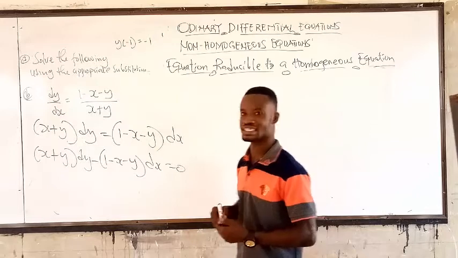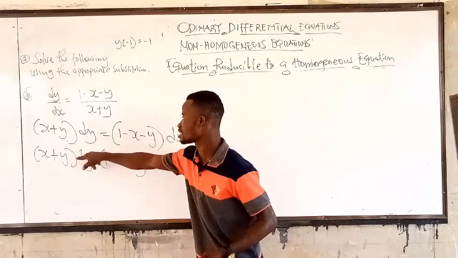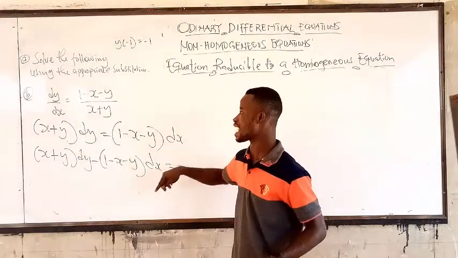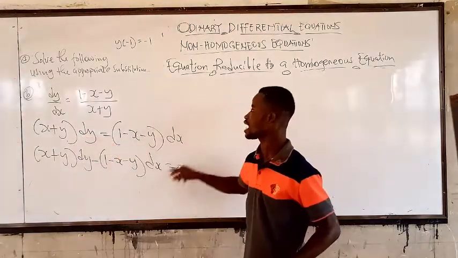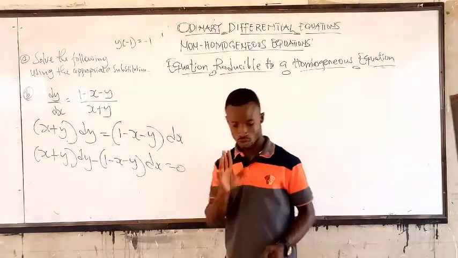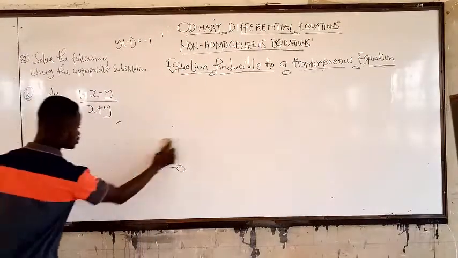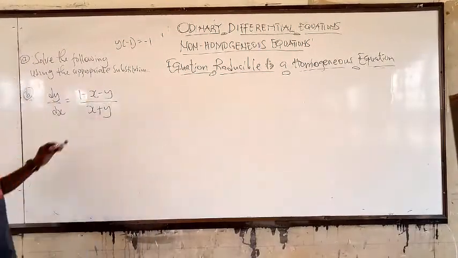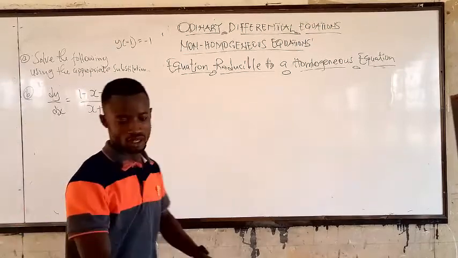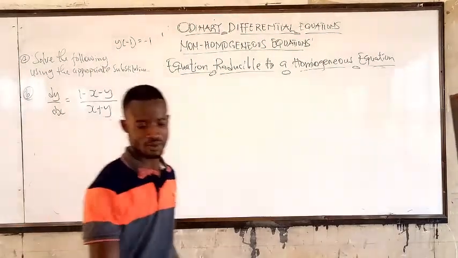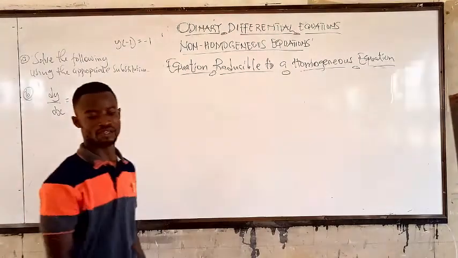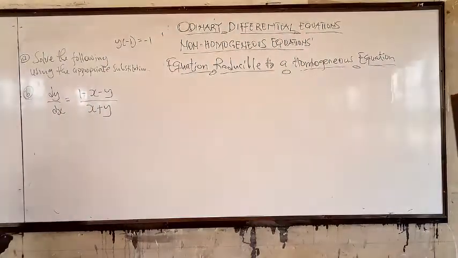When you divide by dx, you get dy dx. Then you divide both sides again by x plus y, so that you come back to it. So don't be confused there. Because it's only in this way that you can get the idea of solving it fast or straight away. Very good. Let's move on.